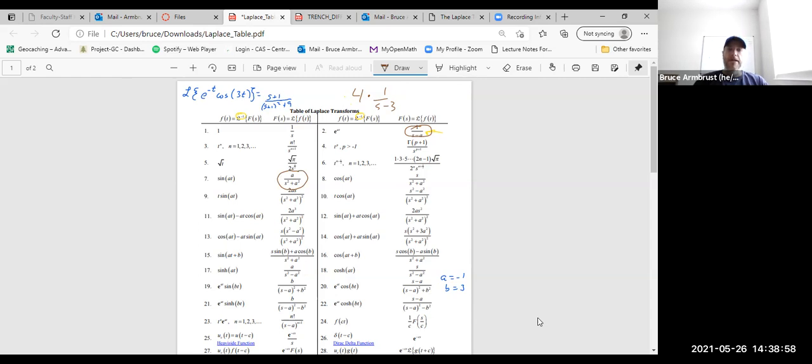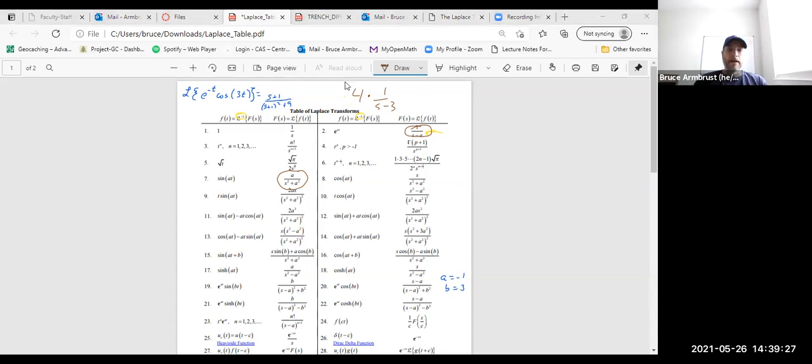So the form I really need is 2 over s squared plus 4. I can make it look like that without too much trouble. And the other form was s over s squared plus 4. Well, that's exactly this one, that's exactly cosine, where a is equal to 2.